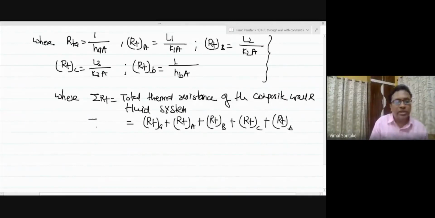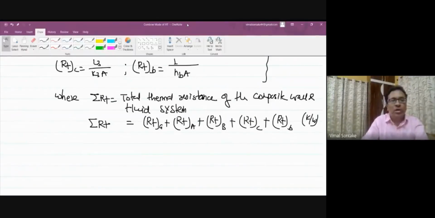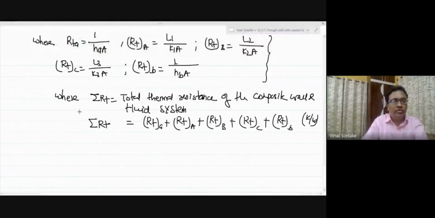And its unit can be either Kelvin per watt or degrees Celsius per watt. So I recommend to have a good idea about this formula as well.